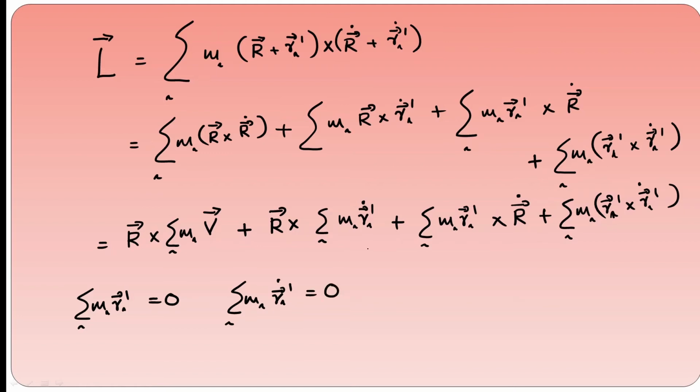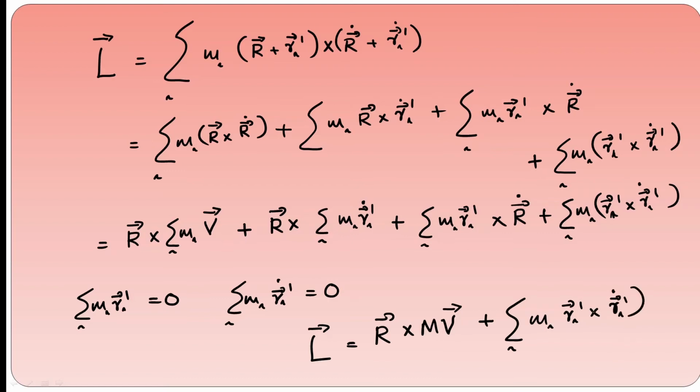So the second and third terms will vanish, and finally we arrive at L equal to summation over Mi, which is the total mass, R cross MV plus summation over Mi Ri prime cross Ri prime dot.